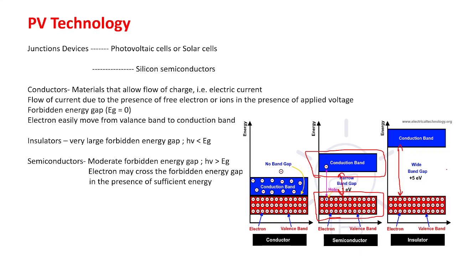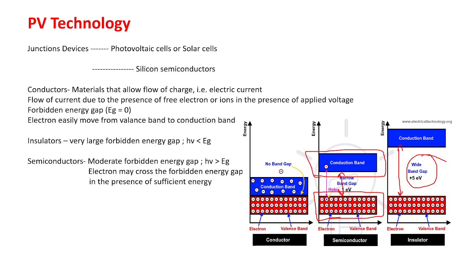The band gap is quite high, even higher than the frequency of the photons we can apply on the materials. So based on the forbidden energy gap, we can differentiate these three kinds of materials: conductor, semiconductor, and insulator.